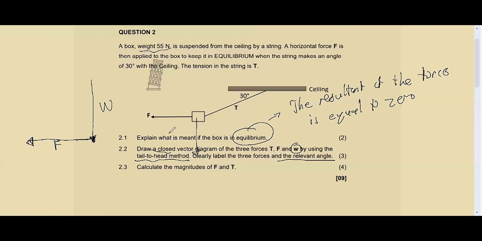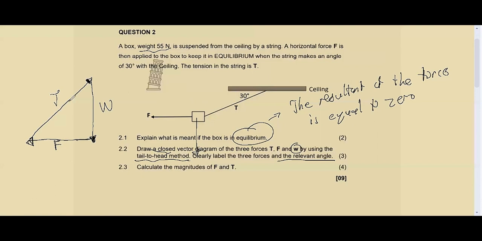We know that W is going downward, so it's more like a cut and paste thing. You take this exactly as it is and draw it horizontally like that. Now look at T. T is diagonal like that. So we start it from the head of the force there, going all the way to the tail of W there. And then this is our tail like that.